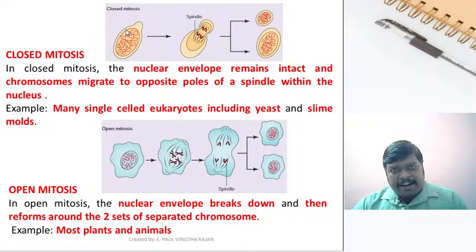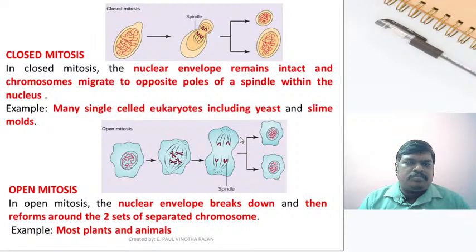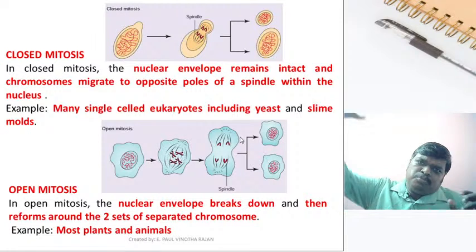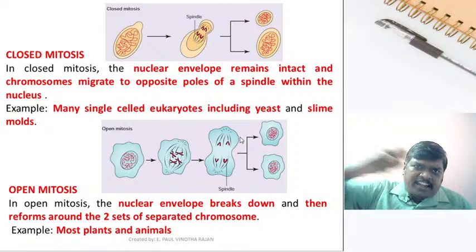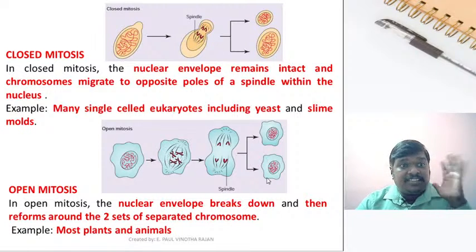In closed mitosis, the nuclear envelope is intact. Intact means it will not disappear. Even when the chromosomes move towards the poles, it remains the same.